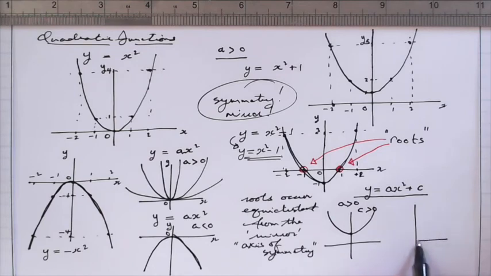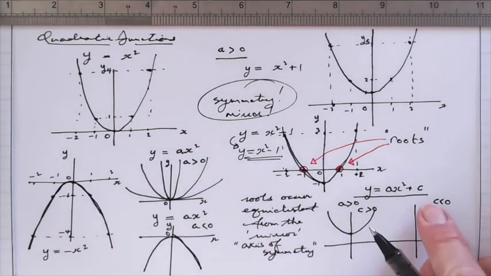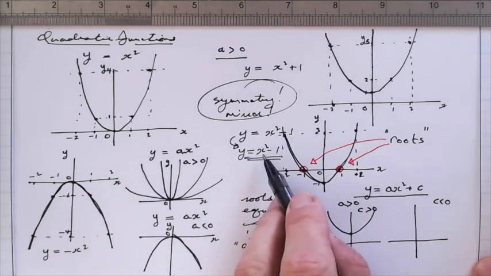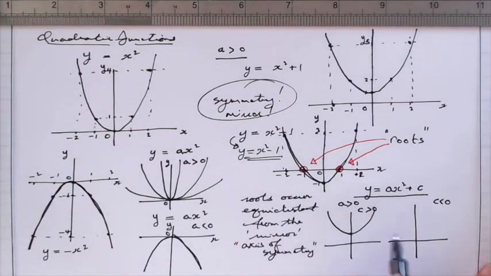On the other hand, if I choose c negative, I've got a curve like this with c equals 0. Adding a negative value pulls it down, just like we saw with x squared minus 1. It pulls this function below the x-axis, and I'm going to have parabolas that look like this.